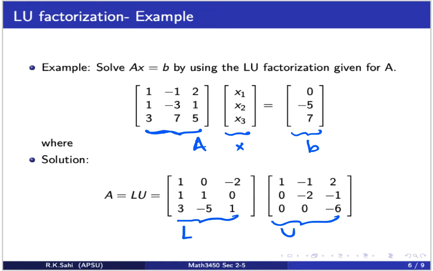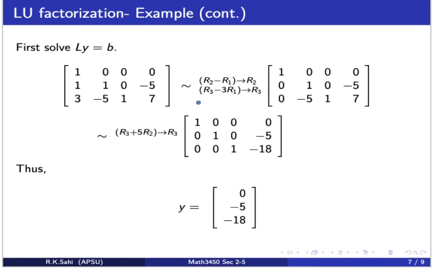The first thing we're going to solve is, remember, Ly equals B, because we're looking for X. X is related to U, but we're first going to look at L times y. So we solve Ly equals B. Remember, we're going to create the augmented matrix. And when we solve the augmented matrix by applying elementary row operations, the first thing we're going to do is make these two elements in the first column 0, and we get this matrix.